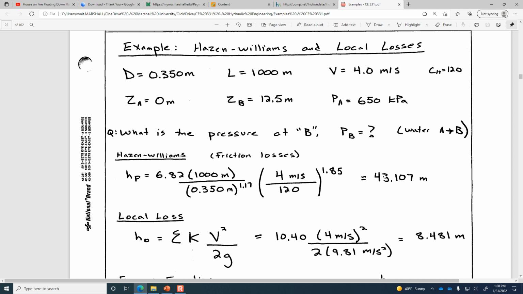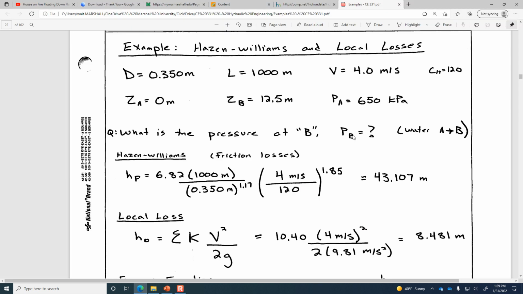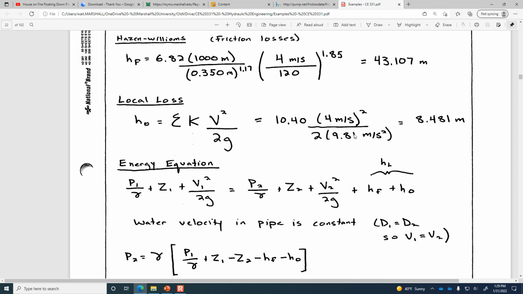And then largely because of the globe valve that had a K value of 10, that's where the majority of the local losses are coming from, 8.48 meters of local losses. And so if we substitute them both into the energy equation, you can see here that the head loss in the energy equation is these two terms, the friction loss term and the local loss term.